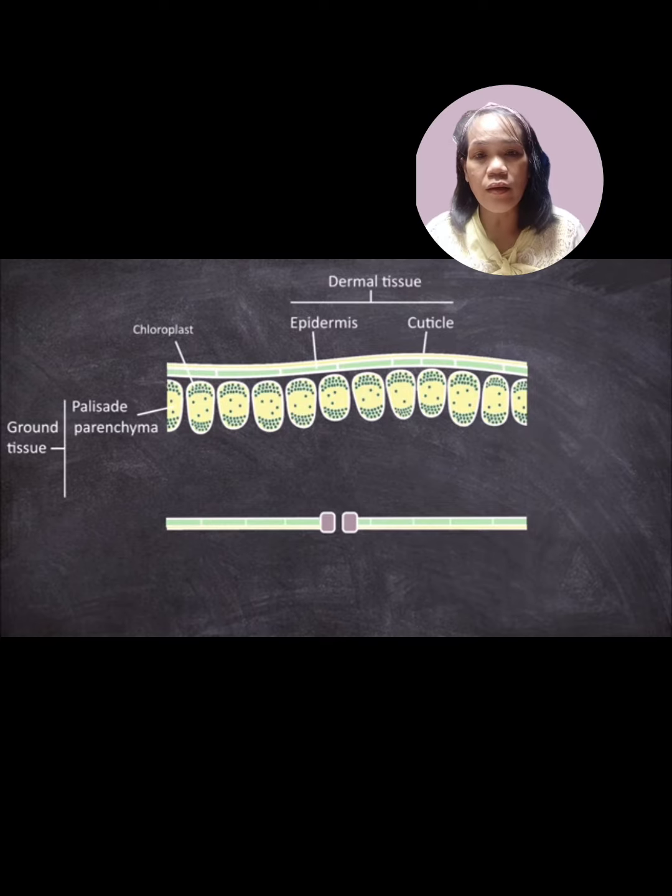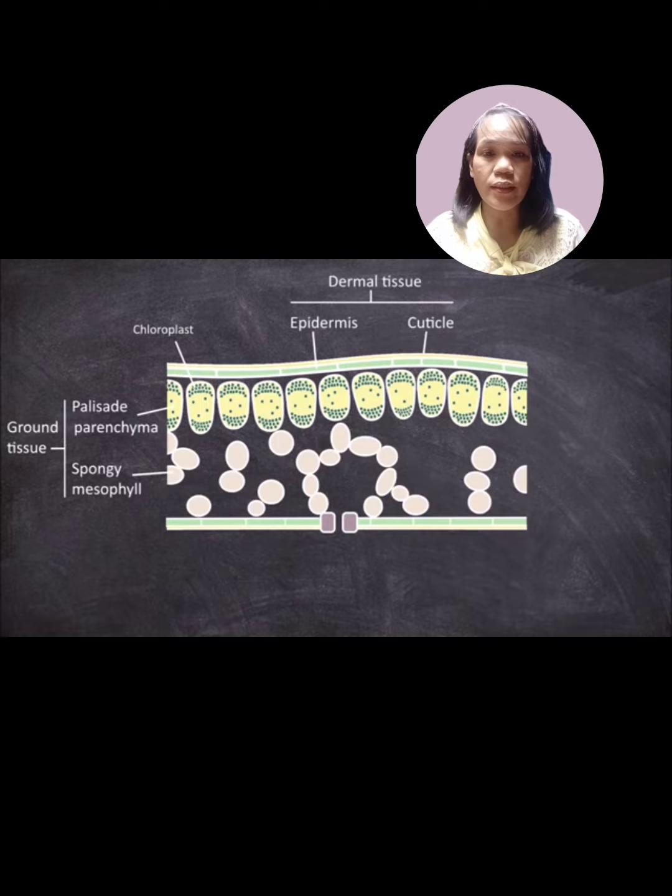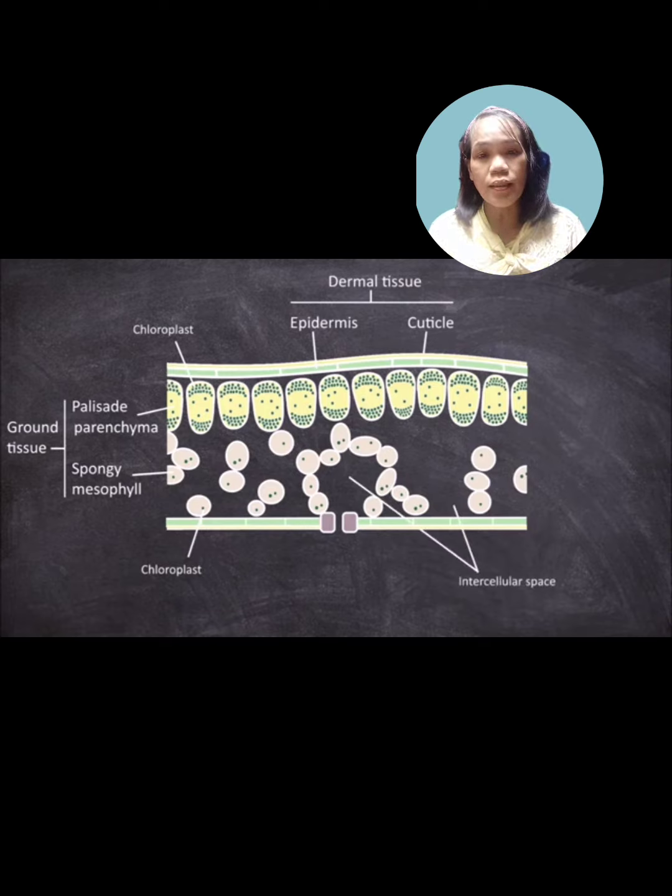The second layer of the ground tissue is the spongy mesophyll. The cells of this layer are of uniform shape and contain some chloroplasts, but not as many as in the palisade cells.